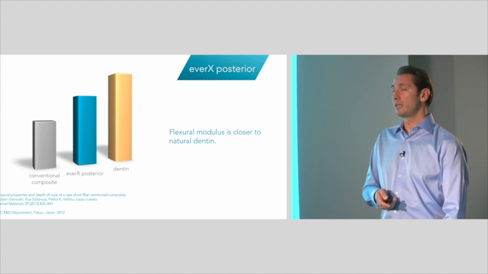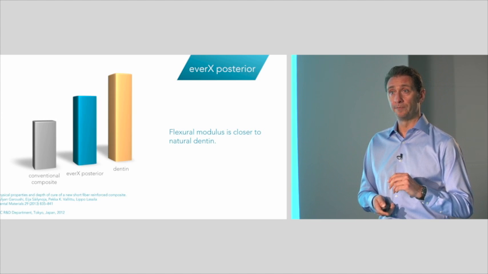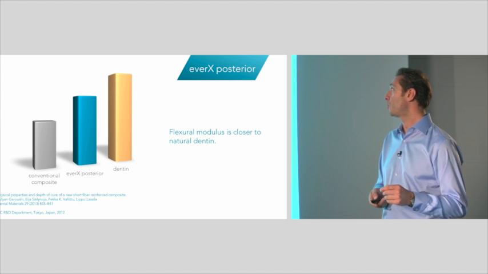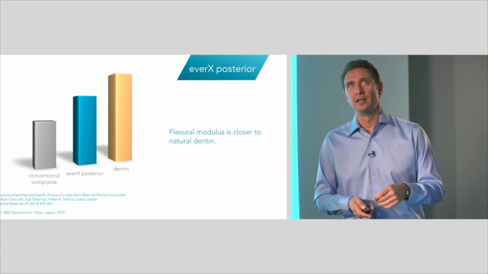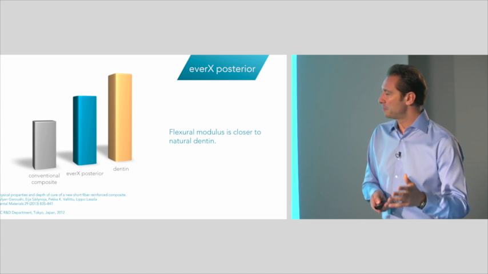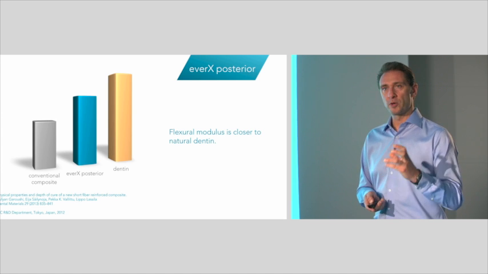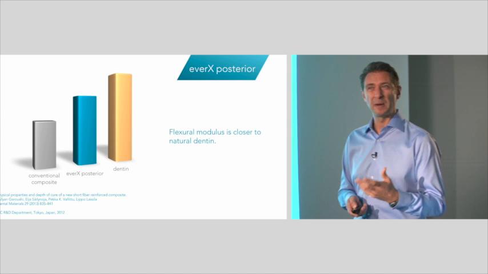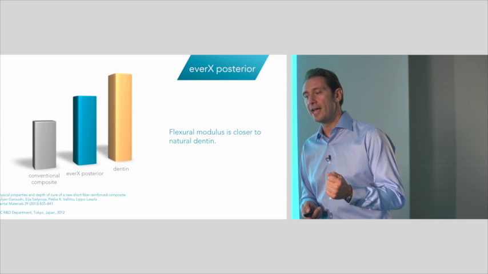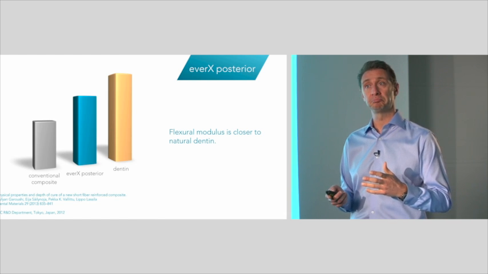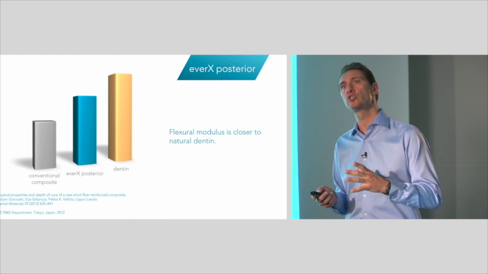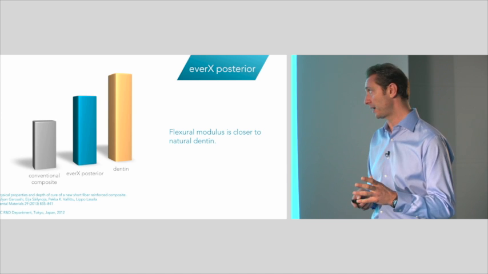Flexural modulus is closer to that of natural dentin. I forgot to tell you in the beginning, but you should see every X posterior as a real dentin replacement. Compared to the behavior of natural dentin, we are getting very close, much closer than with conventional composite.